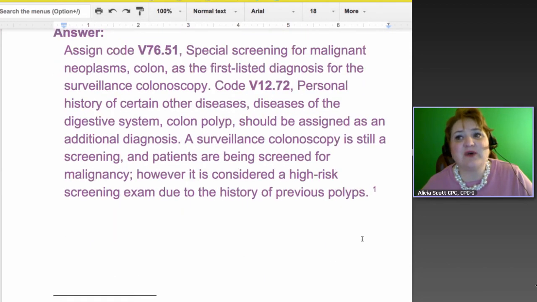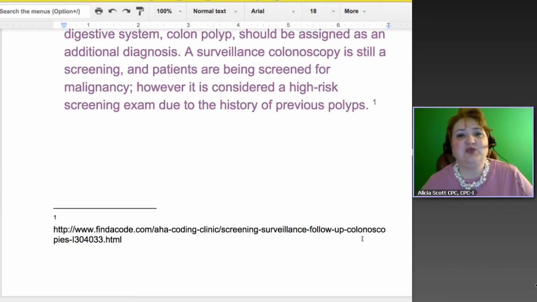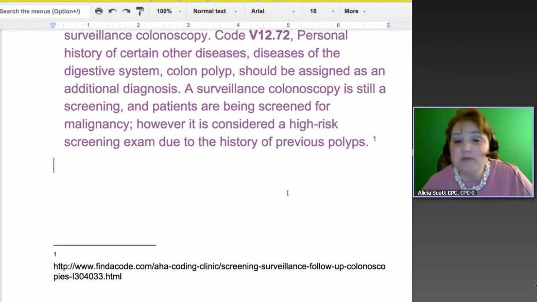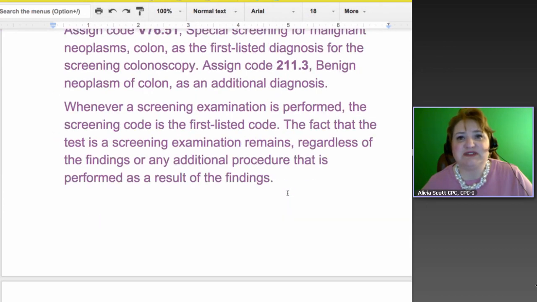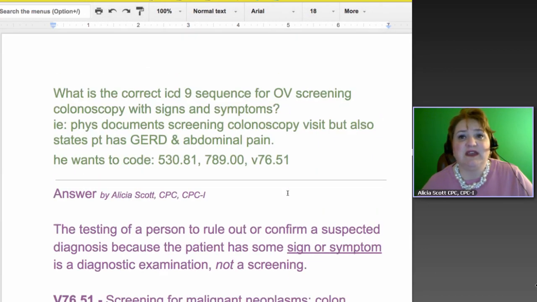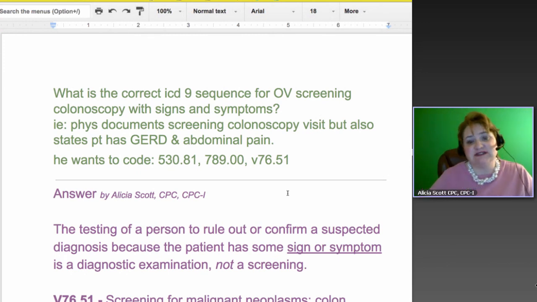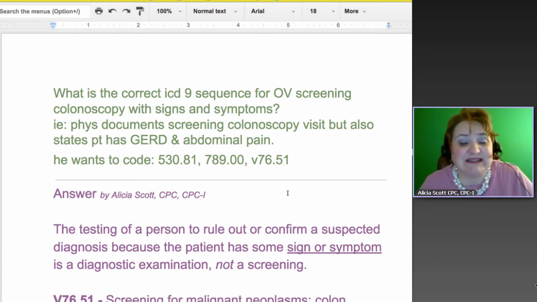Okay, so that's how this is different and how you would use a screening. If you are able to get into Find-A-Code, that's where I found these examples. They're from the AHA, and there were many more examples, but hopefully that will help you understand the difference between when you have signs and symptoms versus when it's an actual screening or a diagnostic exam.